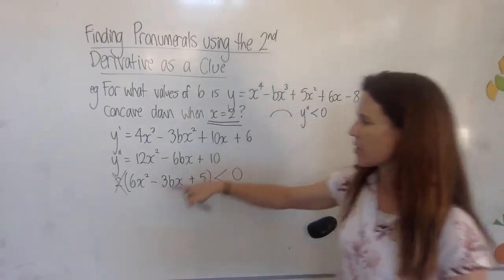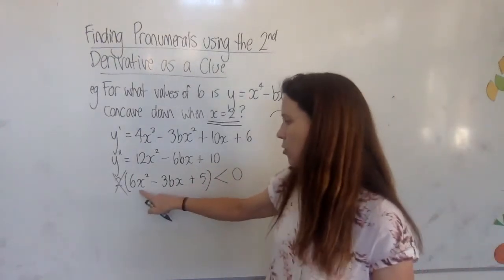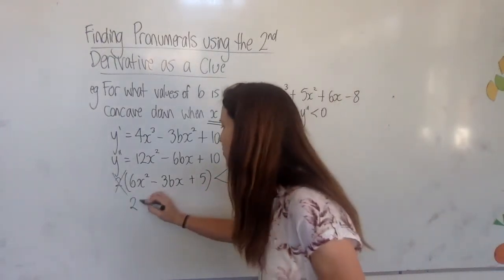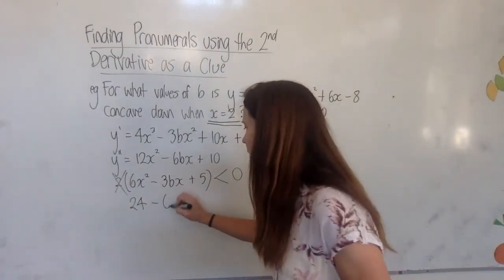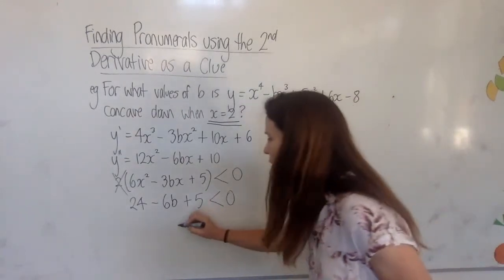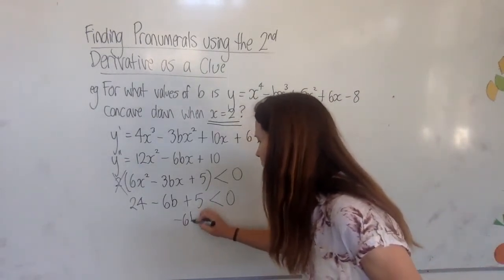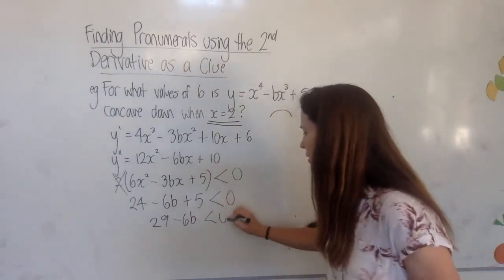We need to sub x equals 2 in here, and then we can solve it. So 2 squared is 4, 6 fours are 24. I've got 3 times 2 is 6, so I've got minus 6b, plus 5 has to be less than 0. So I've got minus 6b, and here I've got 29 is less than 0.